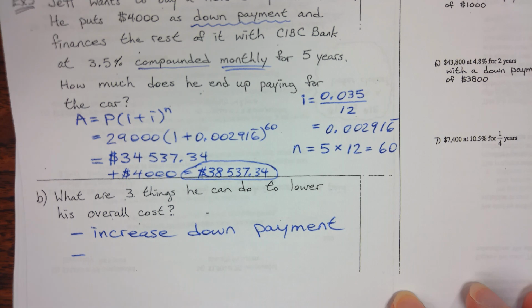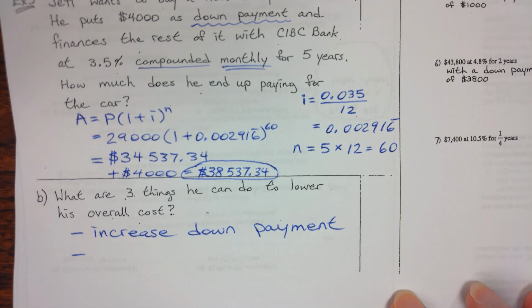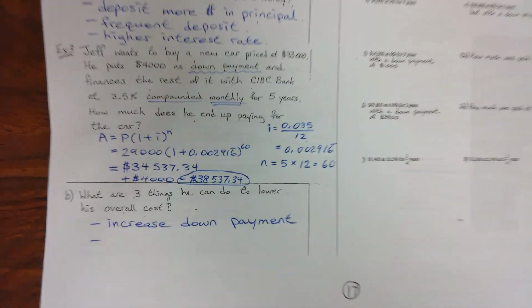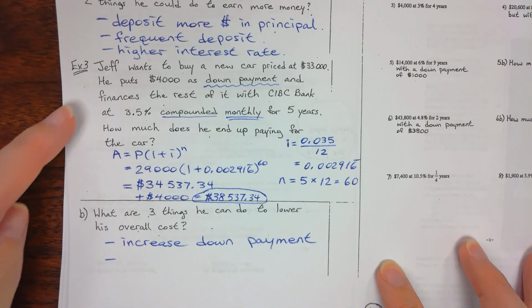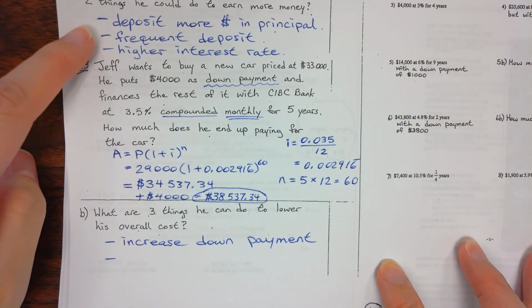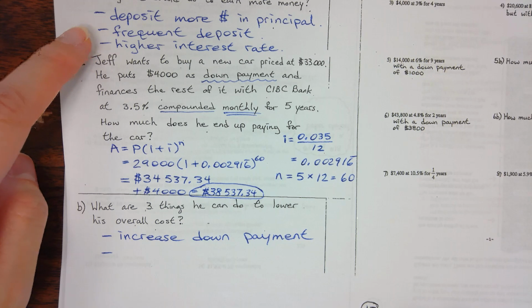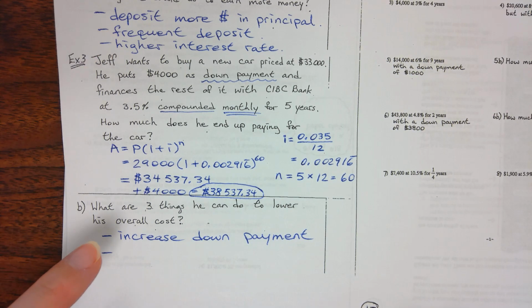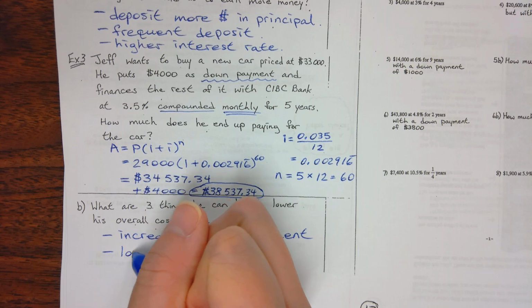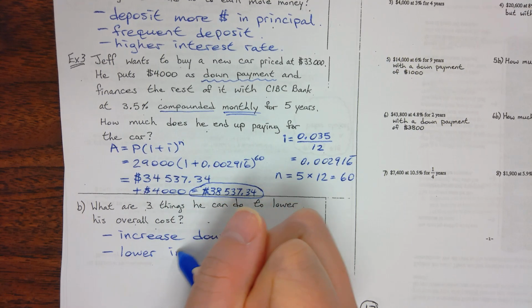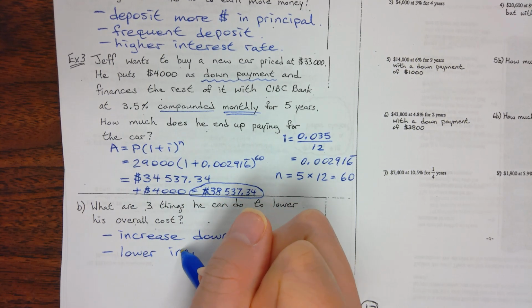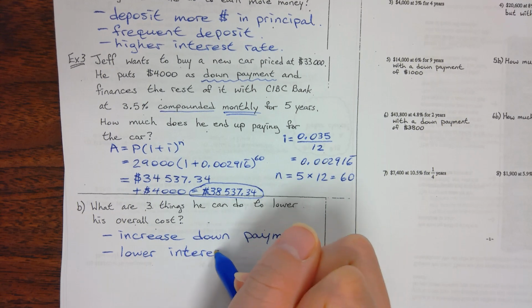What's another way? So in other words, if you look at this one right here, you're basically doing the opposite. Because in this one you are saving money, so you want a higher interest rate. But here, if you're borrowing money, you want a lower interest rate.